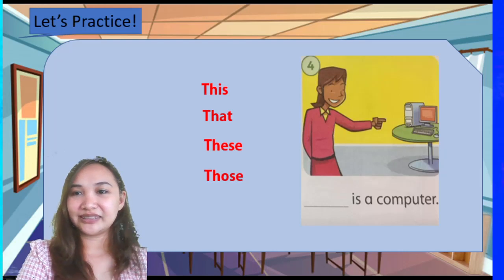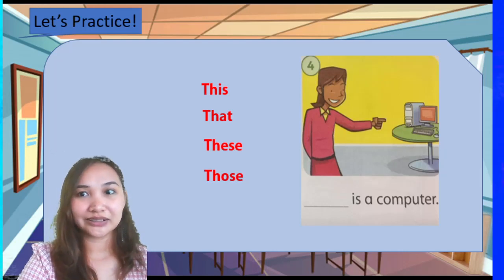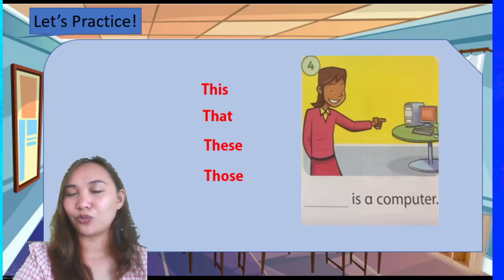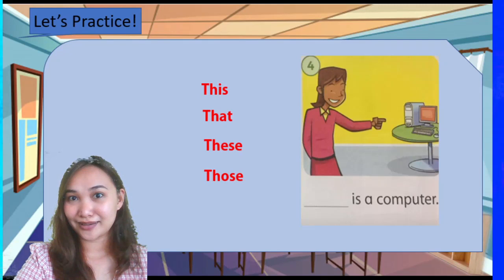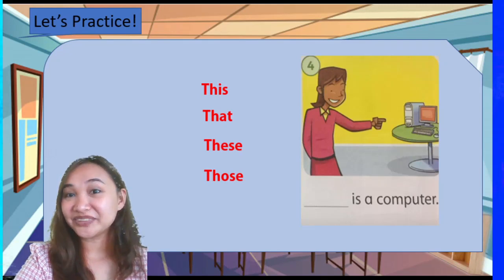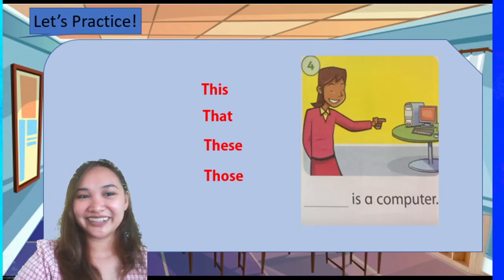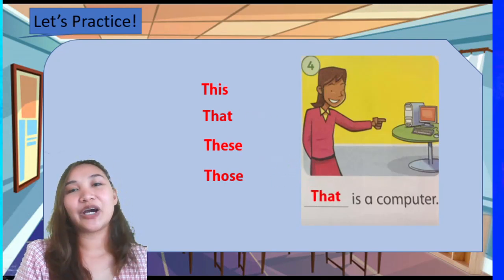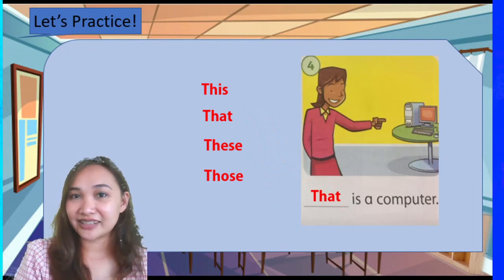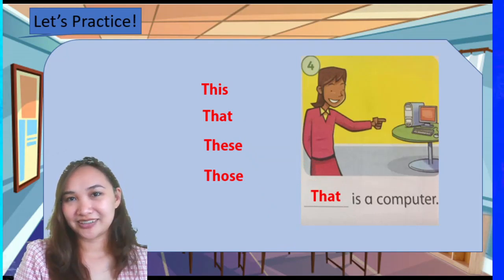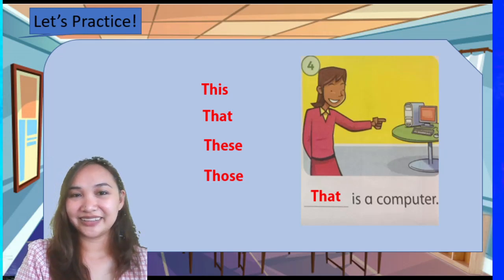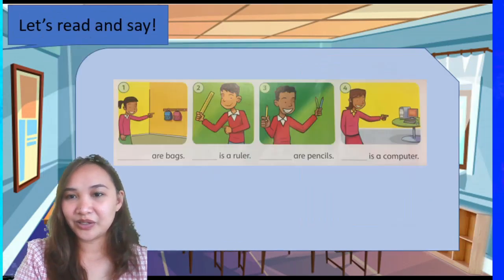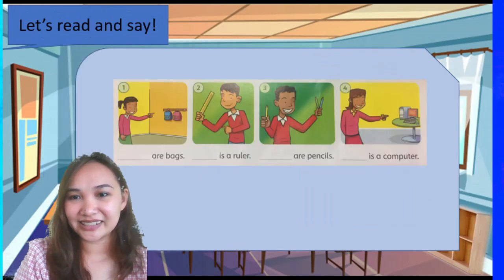All right, how about that one? Look at the girl. She is pointing to something. Now, what do you think she will say? Very good. She says, that is a computer. Let's read the sentences.